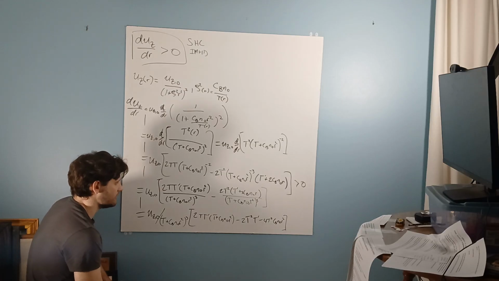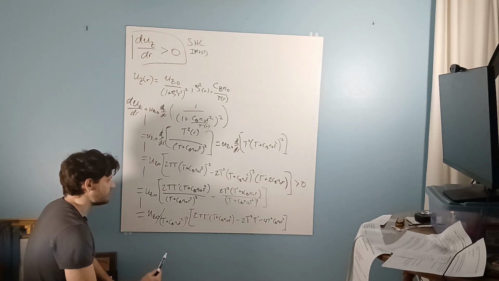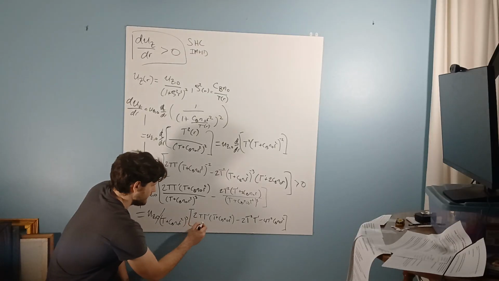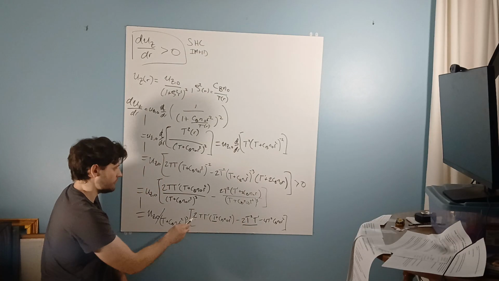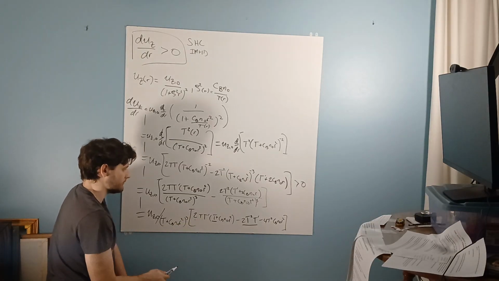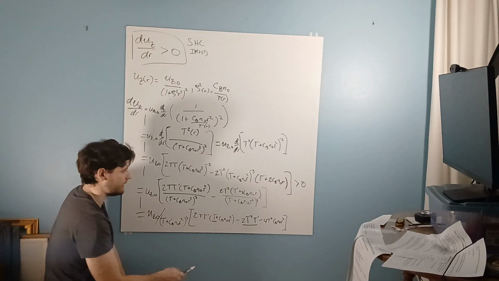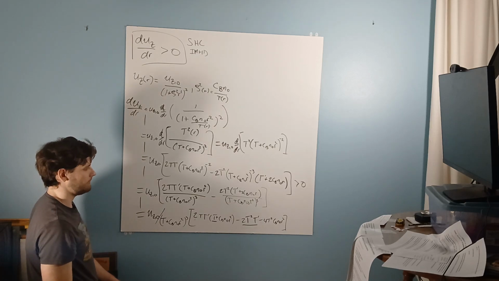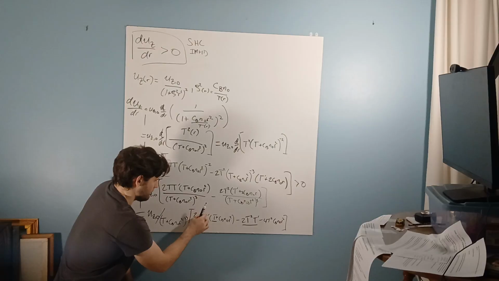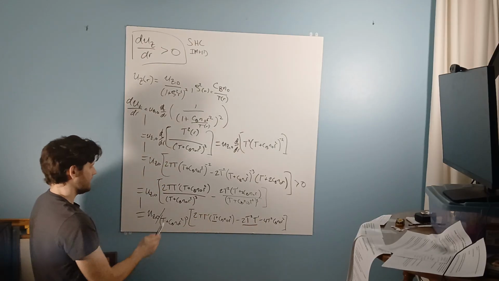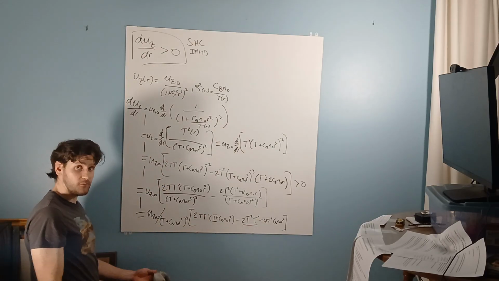So the great thing here, we can see immediately, is that there are terms that cancel. This term and this term, because you see we're going to factor this 2t t prime through, and we'll get 2t squared t prime minus 2t squared t prime. And what we'll have left over is this produced with that minus that, and this is out front. And that must be greater than 0.